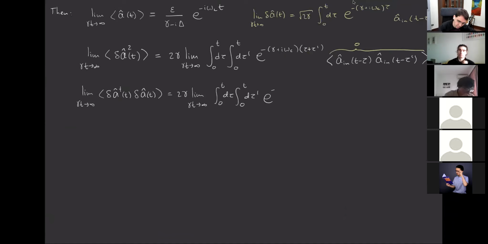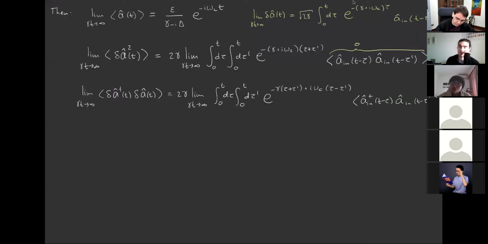Okay, so because we have to change the i by minus i, at the end what we get is 2 contributions, one coming from gamma and one coming from omega c, that is tau minus tau prime. And then in here, we get the expectation value of A dagger input and A input.